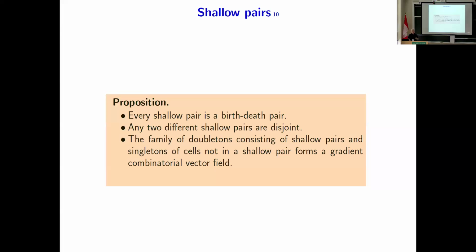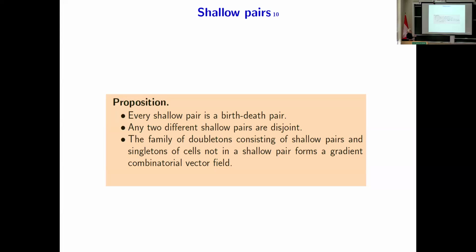Here I have no time to go into this, but there is this version of Morse theory proposed by Robin Forman at the very end of the 20th century, which shows that given just a simplicial complex and a Morse function properly defined in his papers, you can produce a combinatorial analog of a dynamical system, its gradient, and you can prove the fundamental theorem of Morse theory, that the number of critical cells in this combinatorial version is greater than or equal to the Betti numbers of the simplex.